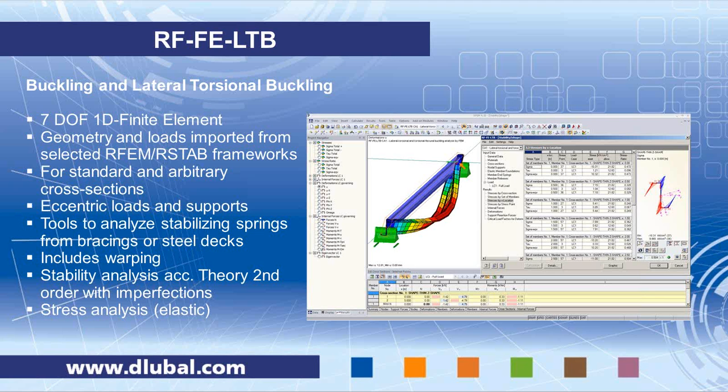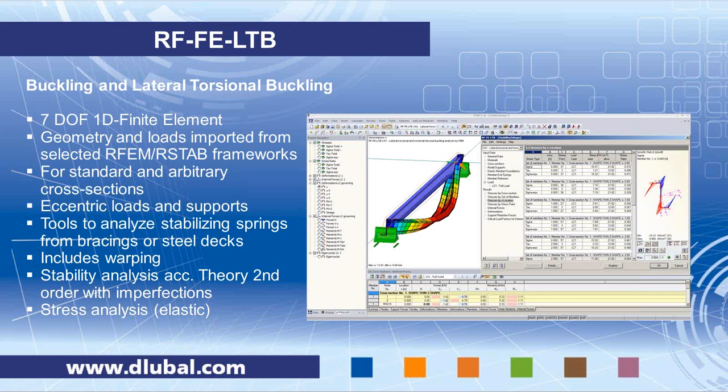In general, you have to use a program like RF-FE-LTB, where you can also set loads eccentric, and that includes the 7th degree of freedom, the warping degree of freedom. With an imperfection and a theory second order analysis and a stress analysis at the end, you can check for the allowable or limiting stress, and whether the critical load factor is smaller or larger than 1.